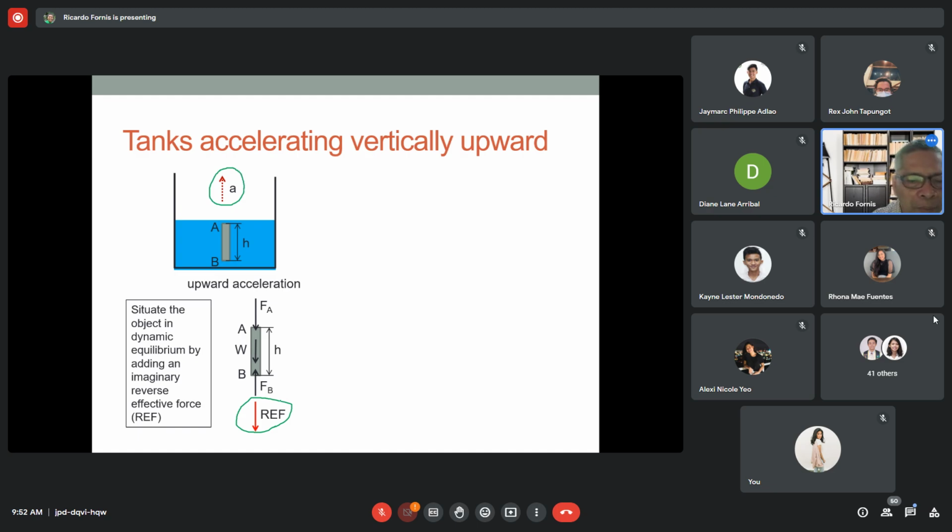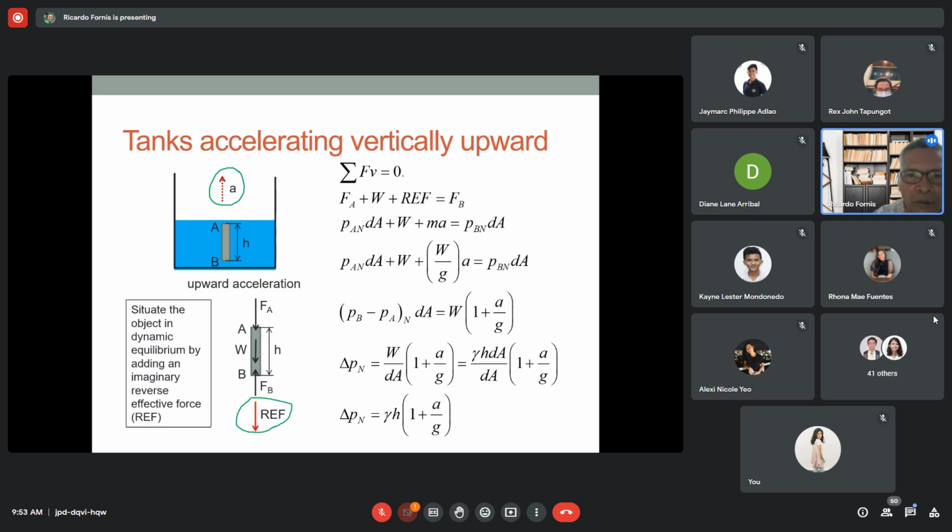And again, by adding an imaginary reverse effective force, you are putting the system into a state called dynamic equilibrium. Because this is dynamic equilibrium, you can sum up forces and equate it to zero. Summation of forces is zero. And this is correct only if the system is in equilibrium, in this case, dynamic equilibrium.